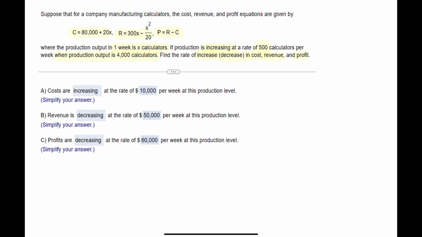So what they're saying is, hey, I am producing more calculators, so definitely the cost is going to increase. Now help me find out if my revenue is going to increase or my profit is going to increase at 500 calculators per week, where the production output will be 4,000 calculators.